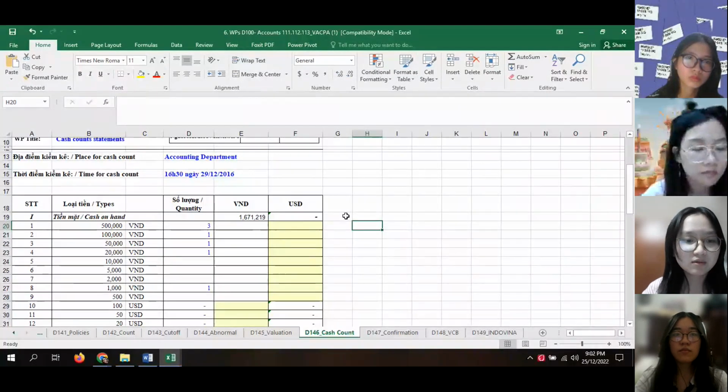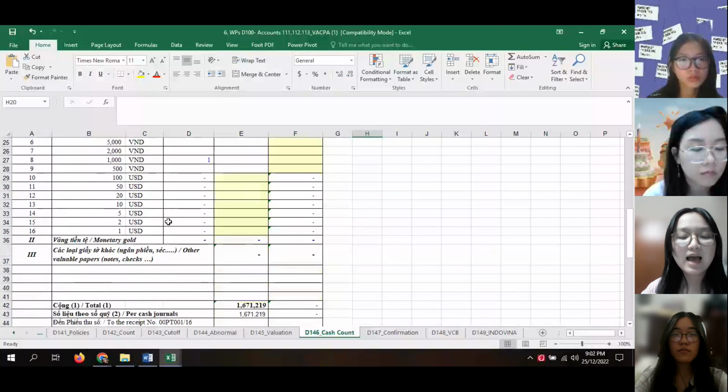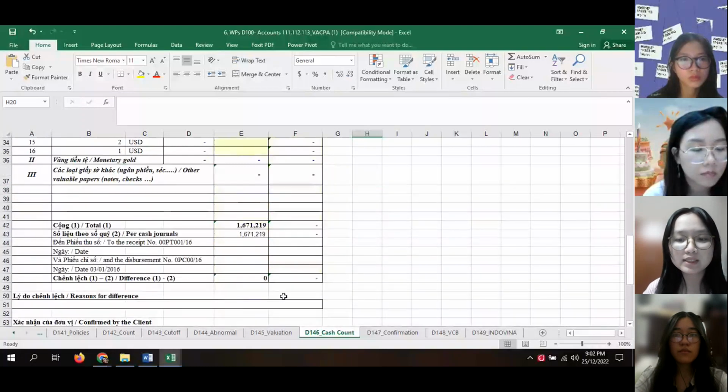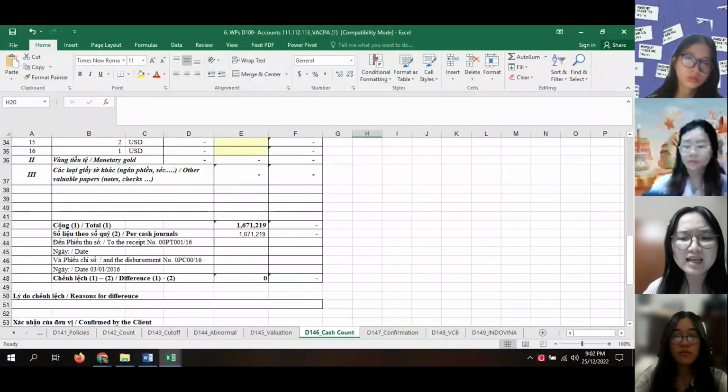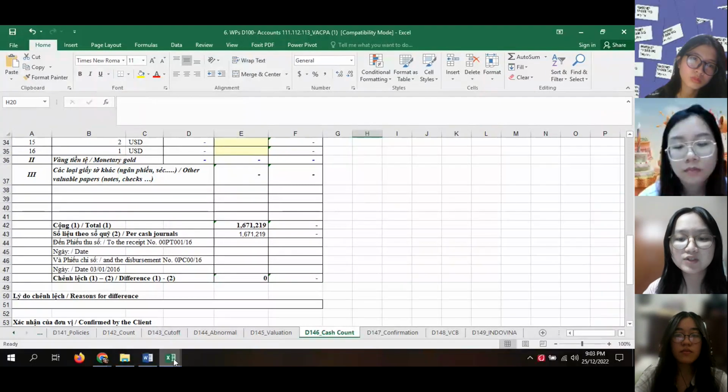After seeing the total, it is 1,671,219,000, which is the same as the cash journal.